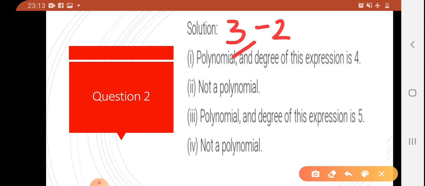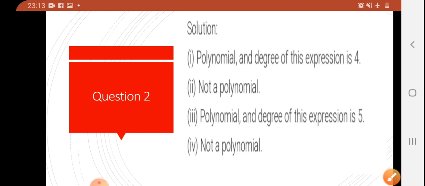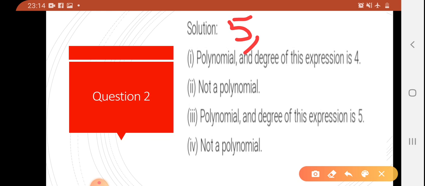Third question, 4a cube b square. Here 3 and 2 means 3 plus 2, that is 5. The highest power is 5.